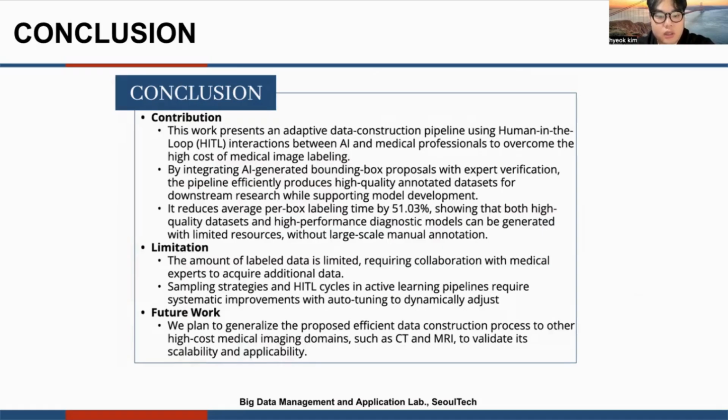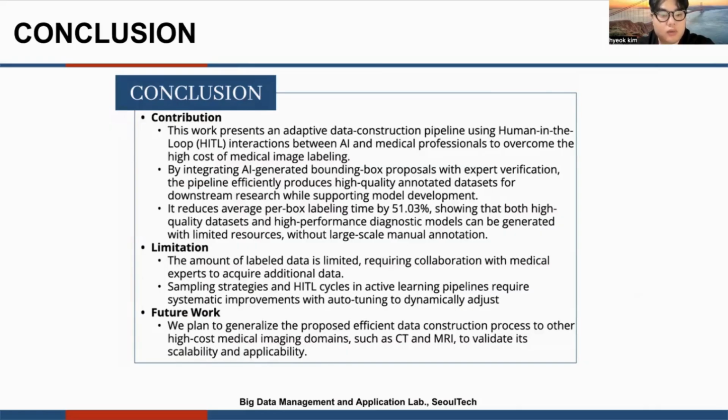By integrating AI generated bounding box proposals with expert verification, the pipeline efficiently produced a high quality annotated dataset for downstream research while supporting model development. It reduced average per box labeling time, showing that both high quality datasets and high performance diagnostic models can be generated with limited resources without large scale manual annotation.